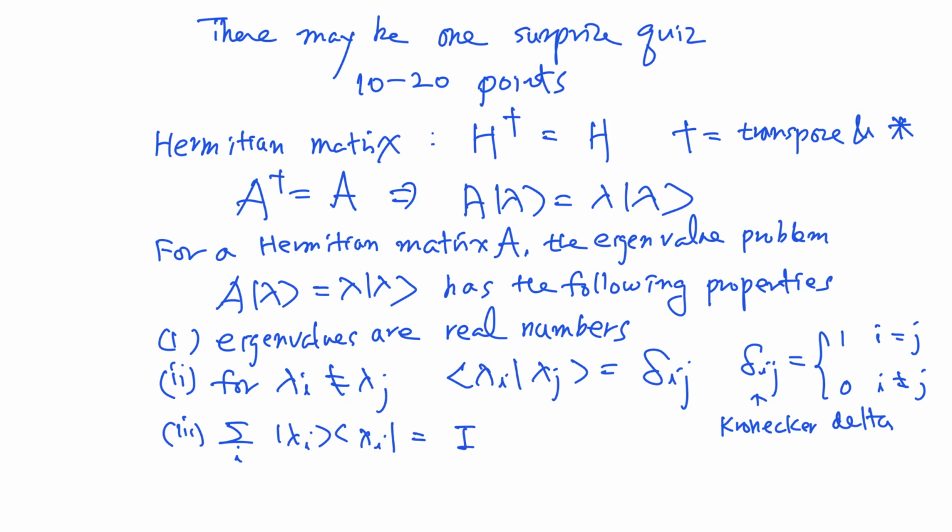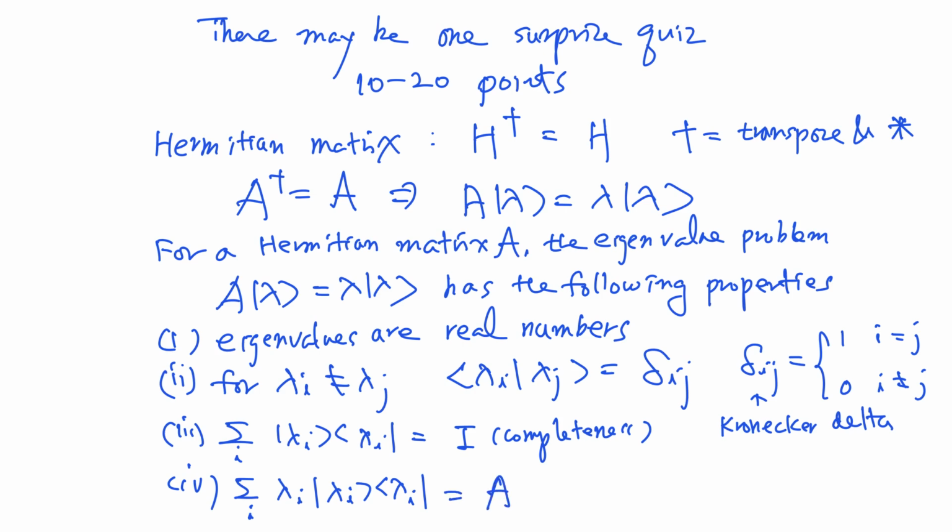Identity. This is called completeness. And the final property, when we have this, sum over i of lambda i lambda i is A. It's the spectral theorem.